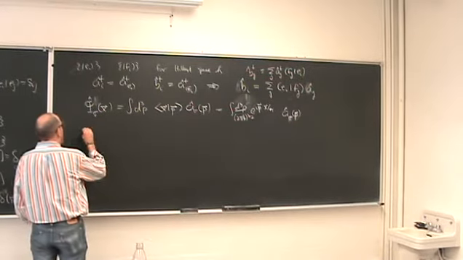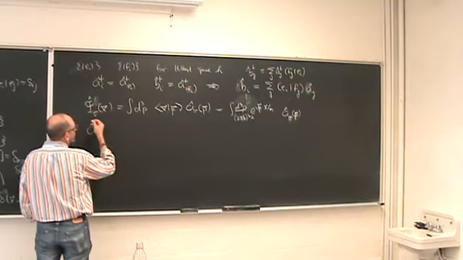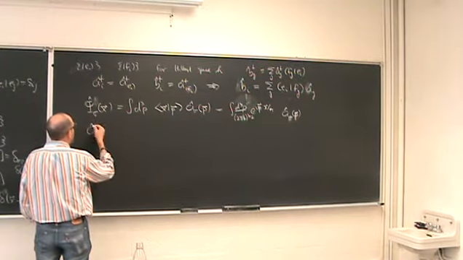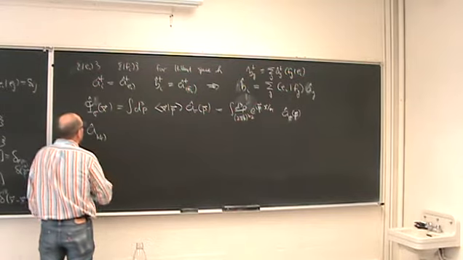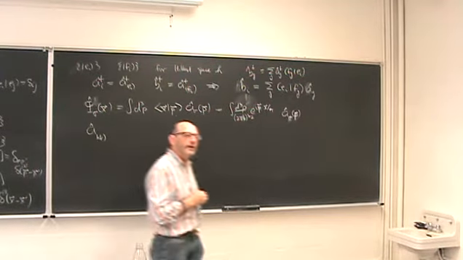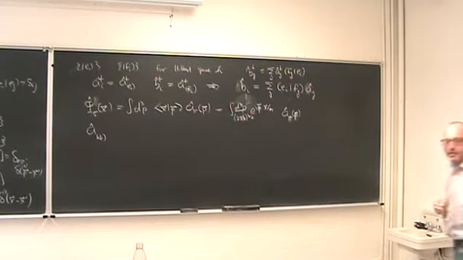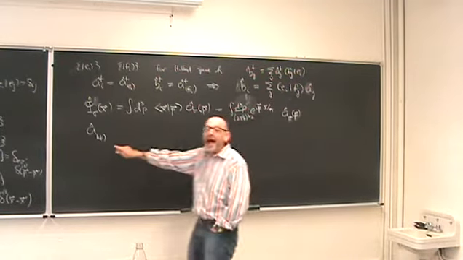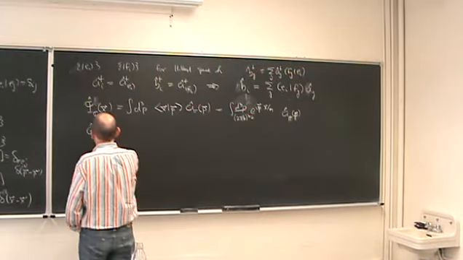For example, suppose I have the creation or annihilation operator, doesn't really matter, for some state phi in my Hilbert space. Okay, this could be a wave packet. Let's look at the creation operator.